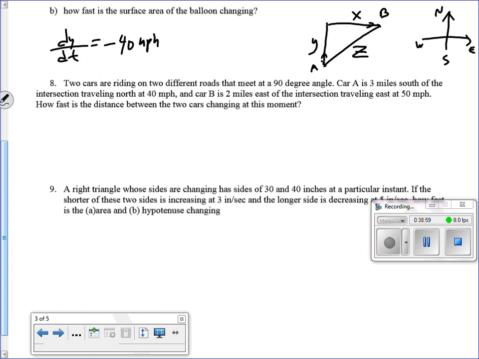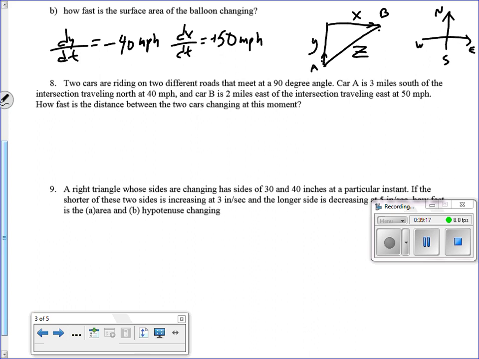Car B is 2 miles east of the intersection. Remember, we said that that distance here was x. And it's traveling east, so x is going to be increasing at a rate of 50 miles per hour. So dx/dt equals positive 50 miles per hour.